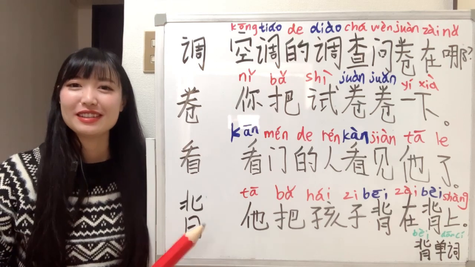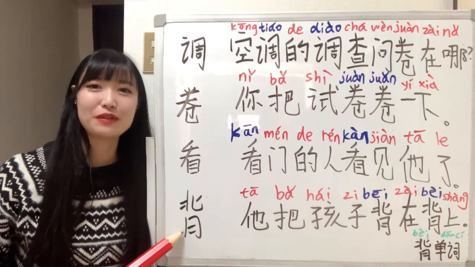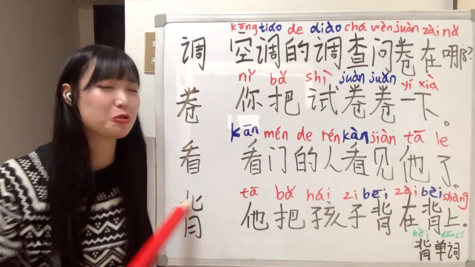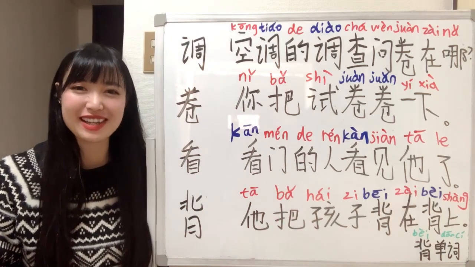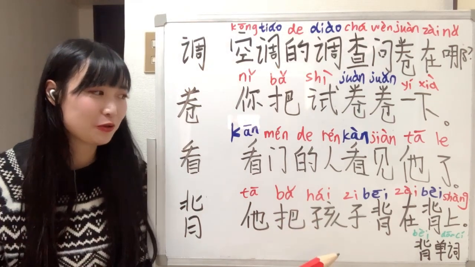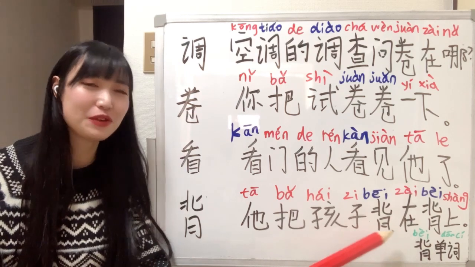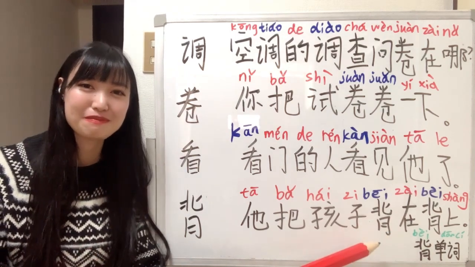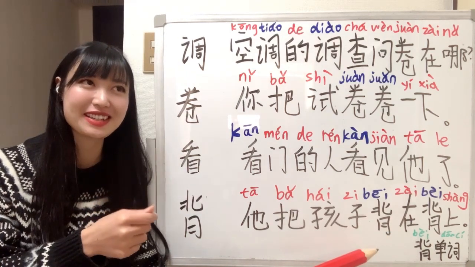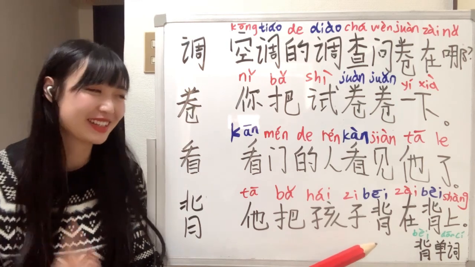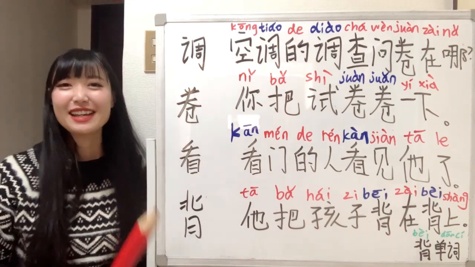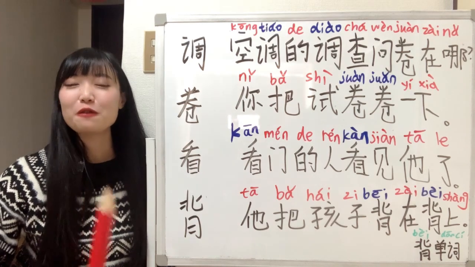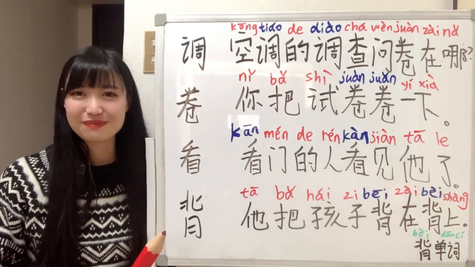To remember these verbs, all you need to do is read the whole sentence. I told you before, basically the verb will be before the noun, so the first character sometimes must be the verb. You can think about it this way. Today we learned 4 special verbs.